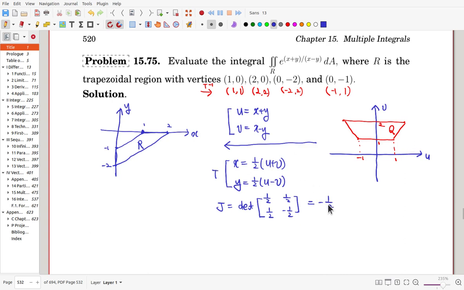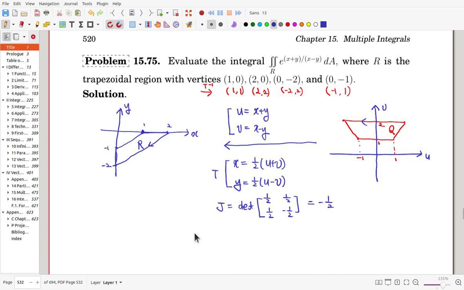Again, this is negative because the given points have one orientation, but the corresponding points have the opposite orientation, so the determinant is minus half. However, we'll use half as the scaling factor.